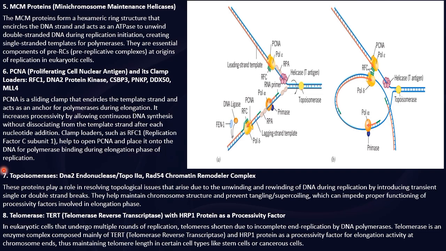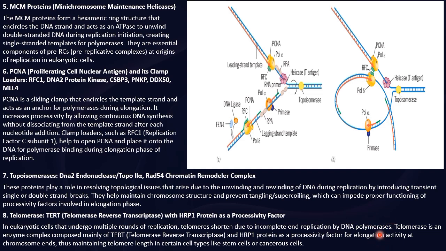The next one is telomerase. A subunit of telomerase is TERT, which stands for telomerase reverse transcriptase. With HRP1 protein, it acts as a processivity factor. In eukaryotic cells that undergo multiple rounds of replication, telomeres shorten due to incomplete end replication by DNA polymerase enzymes.